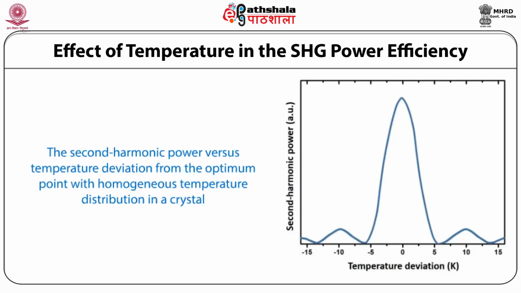In practice, the phase matching curve is not as symmetric as shown in figure 3. For example, it becomes asymmetric if the crystal temperature is not homogeneously distributed throughout the length, or lower in temperature values at the end faces compared to the middle of the crystal.